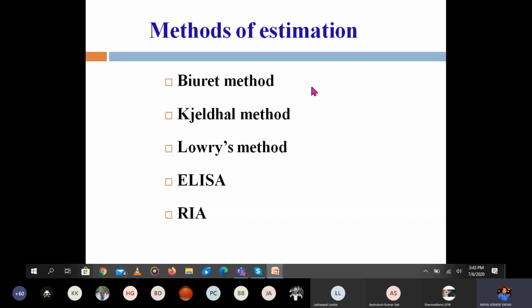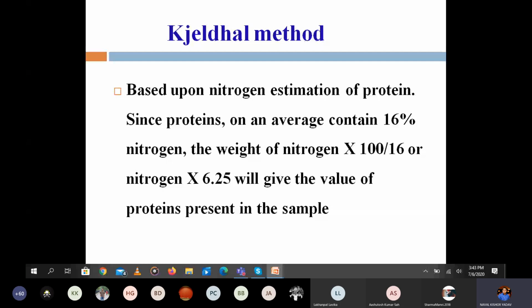So what are the Kjeldahl methods? In this method, it mainly depends on nitrogen estimation. The nitrogen which is present in the protein is estimated. On average, there is 16% nitrogen present in proteins.